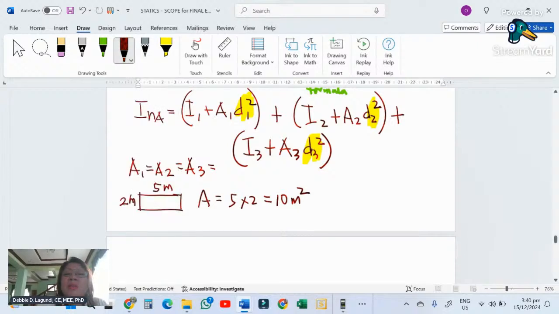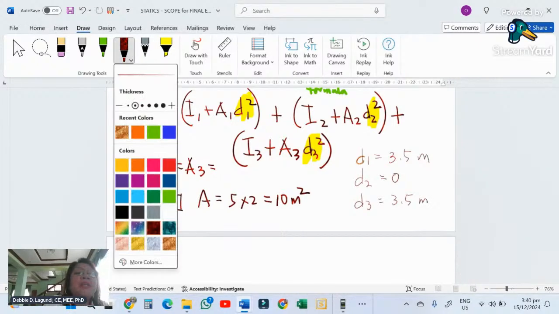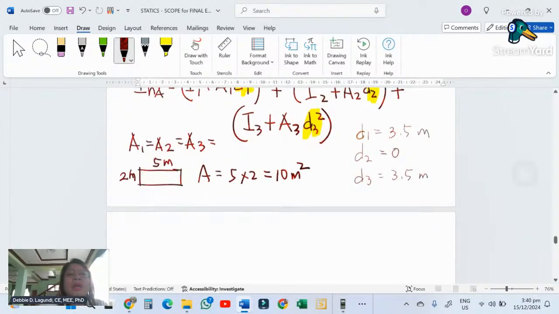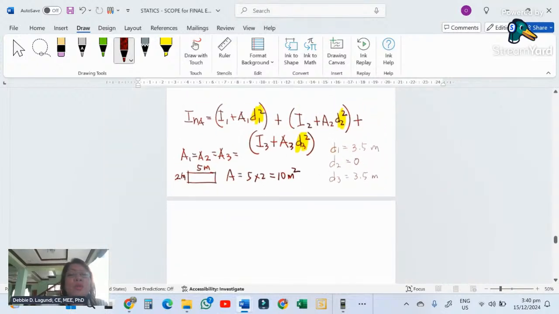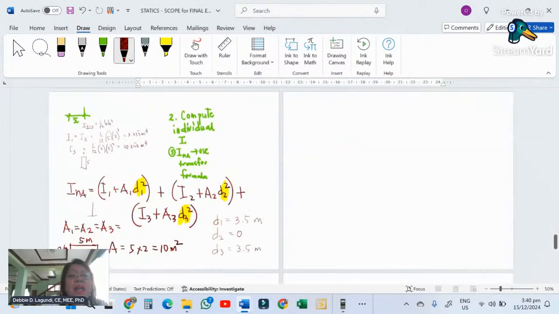We know D1, it is 3.5. It's CG to the neutral axis. And then D2 is 0. And D3 is the same, 3.5. Why is it that they have the same? Because they are symmetrical. Okay, so now we'll just have to substitute the INA.